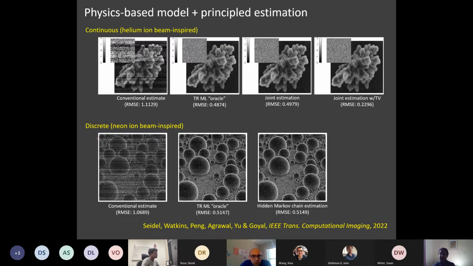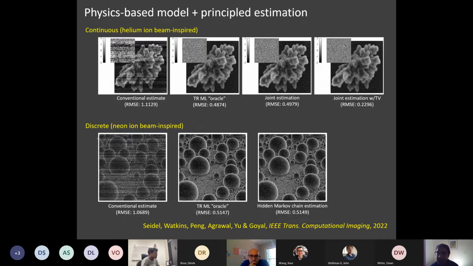And the paper that's cited there at the bottom includes Fisher information analyses and various kinds of simulations to demonstrate this. So having a vector of data per pixel creates this new capability. Now, on this slide, I'm presenting one example each for continuous and discrete beam current variation.